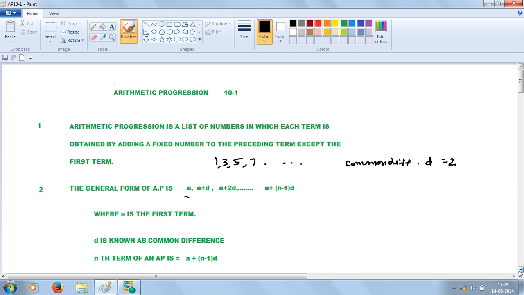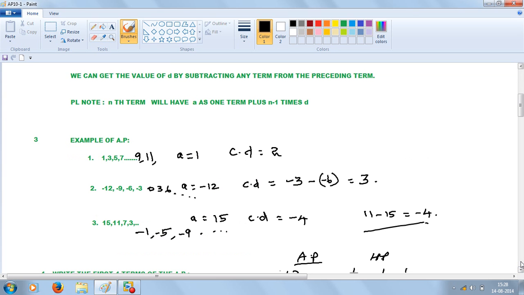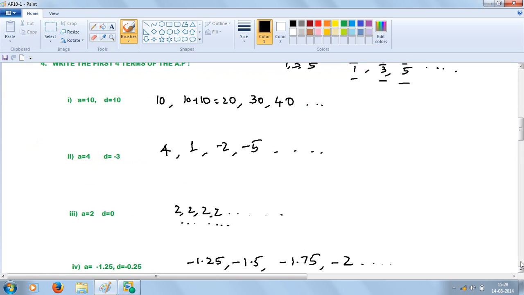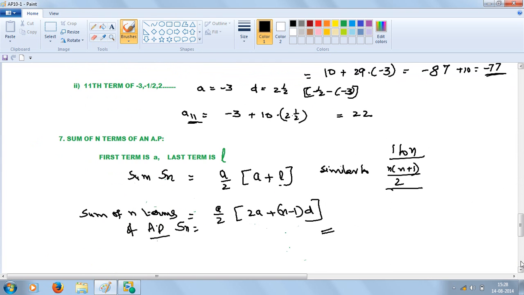Suppose a specific subsequent term is given and A is known, we can find out the term number, or the sum of the AP. If we know certain things, we can work out the unknown factors. So with this, we come to the end of the first chapter.